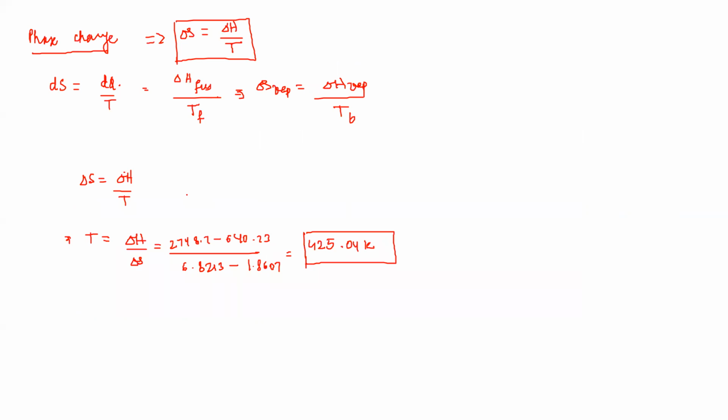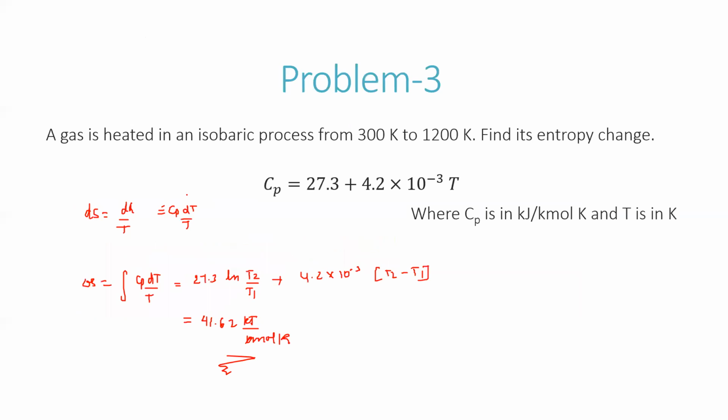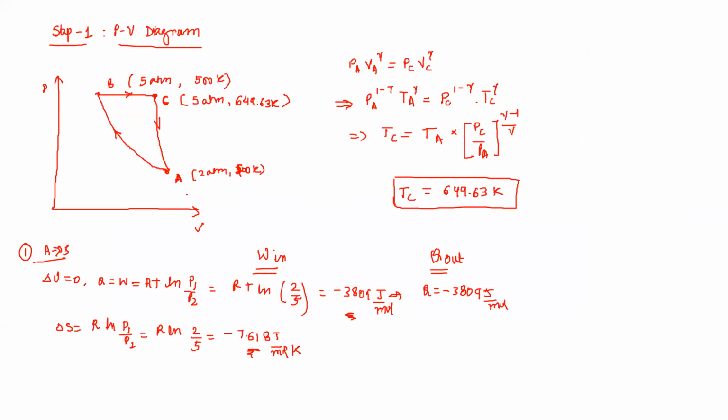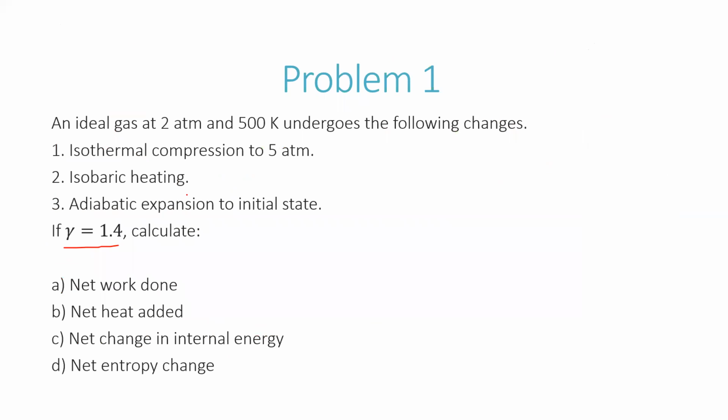So this is how we get the results for entropy. Hope whatever problems we did were clear. Make sure you practice a few more problems on entropy. We'll be doing a few more problems as well, and you can practice more problems from various books. Entropy is a very important topic, and it's a very interesting topic as well. We'll be continuing further with entropy from the next video.